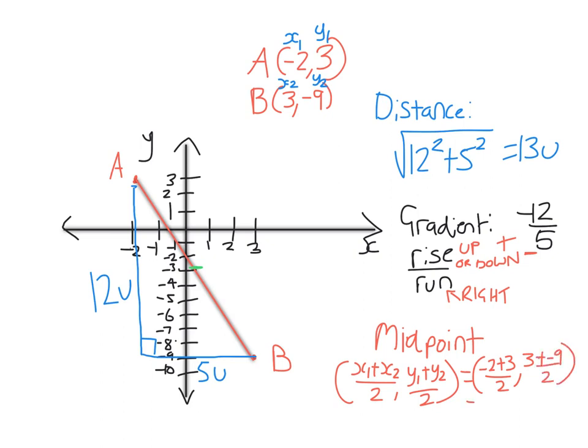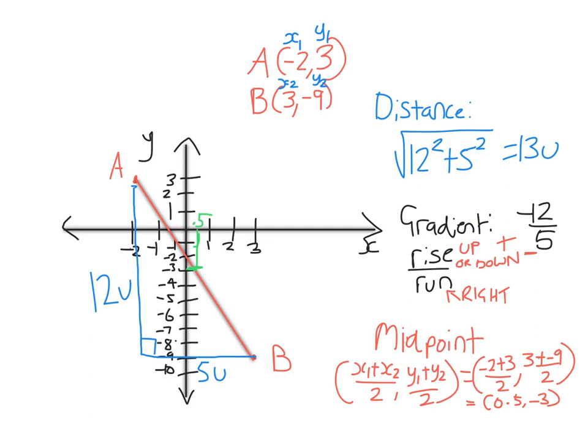You can put that in your calculator and you'll get 0.5, minus 3. So what that's saying is the midpoint would actually be here. 0.5 is the x coordinate and minus 3 is the y coordinate. That is the point that is halfway along the line segment here.